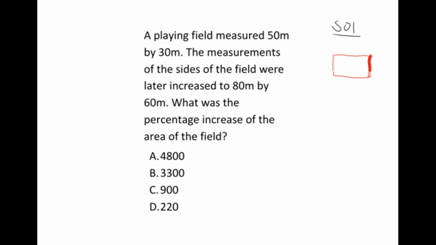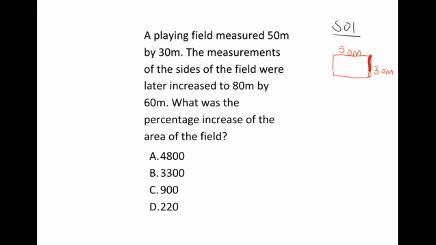We are told that it measured 50 meters by 30 meters. Then we are told that the measurements of the sides of the field were later increased to 80 meters by 60 meters.